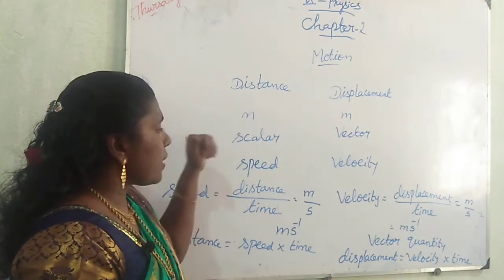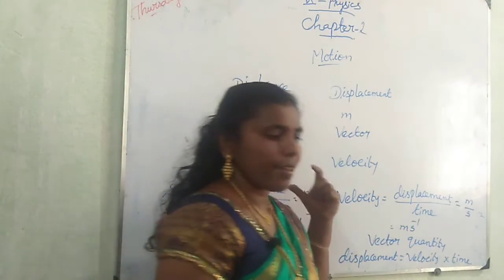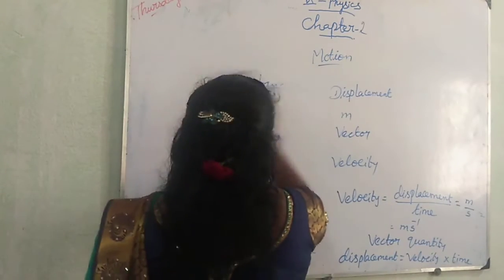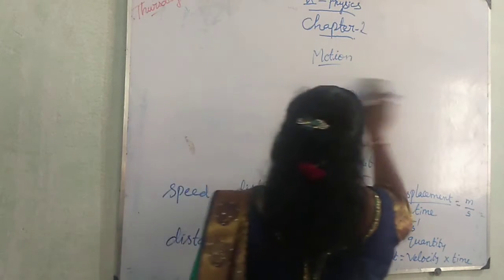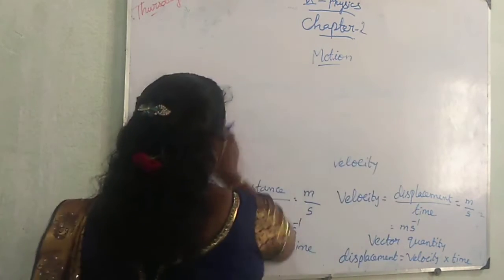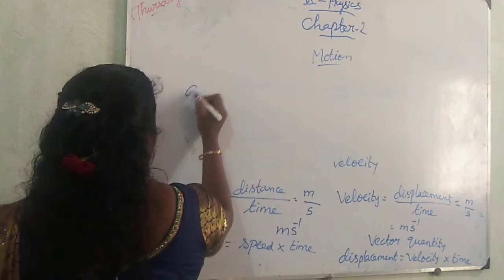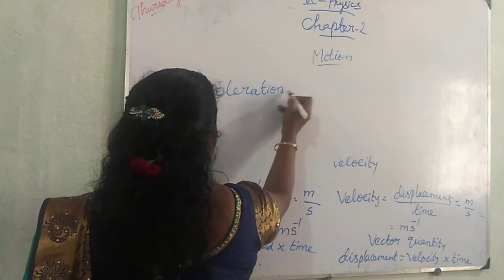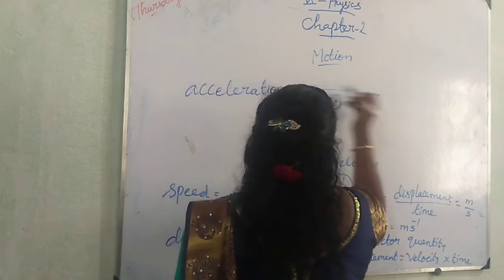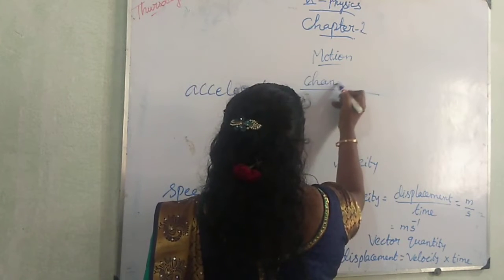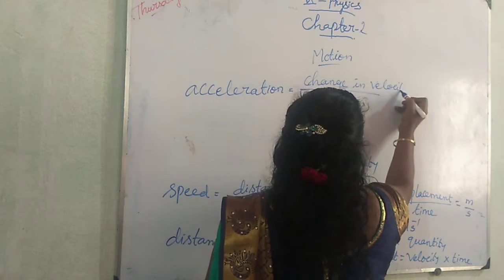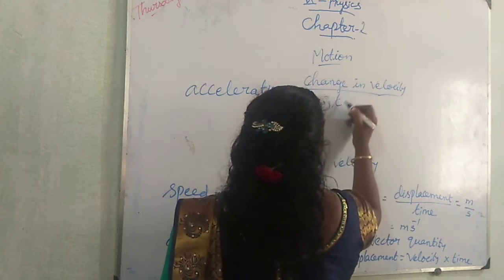So next chapter is acceleration. We will learn about acceleration. The formula for acceleration is change in velocity divided by time.